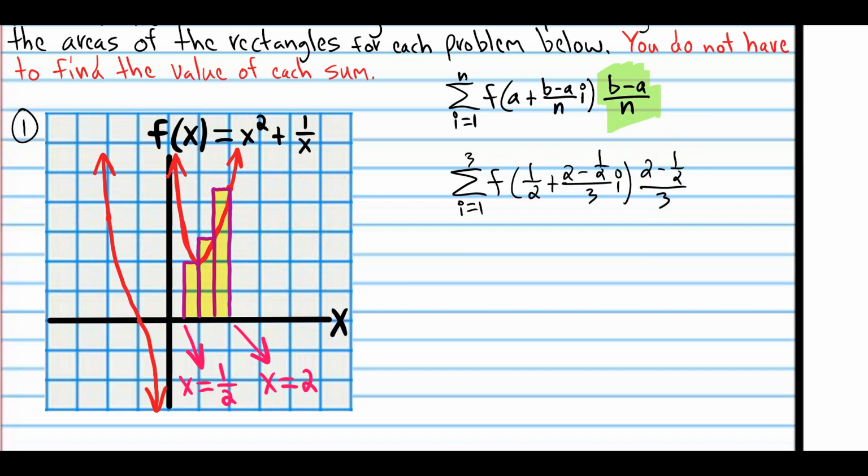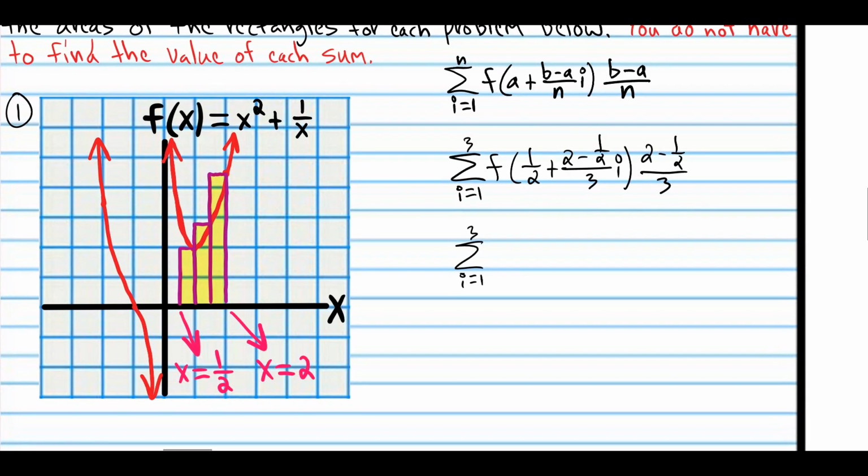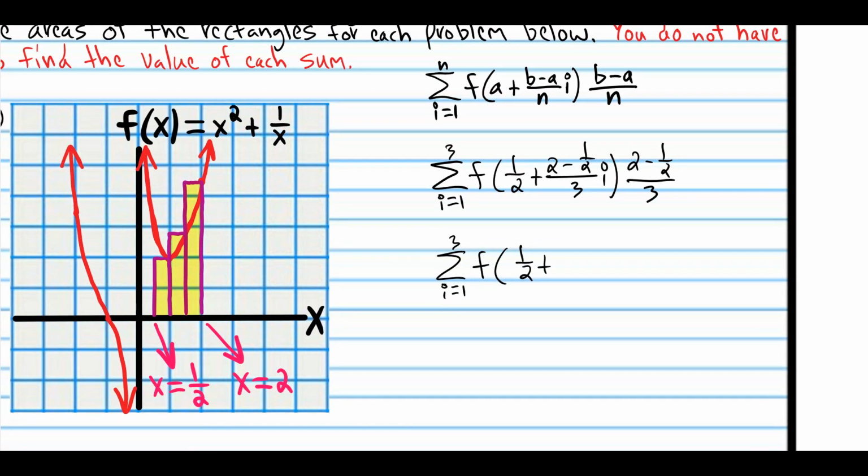That's this here, that's the width. b minus a over n is always the width. Okay, so let's simplify a little bit. So 2 minus 1/2 is 3/2. So we have 3/2 over 3.